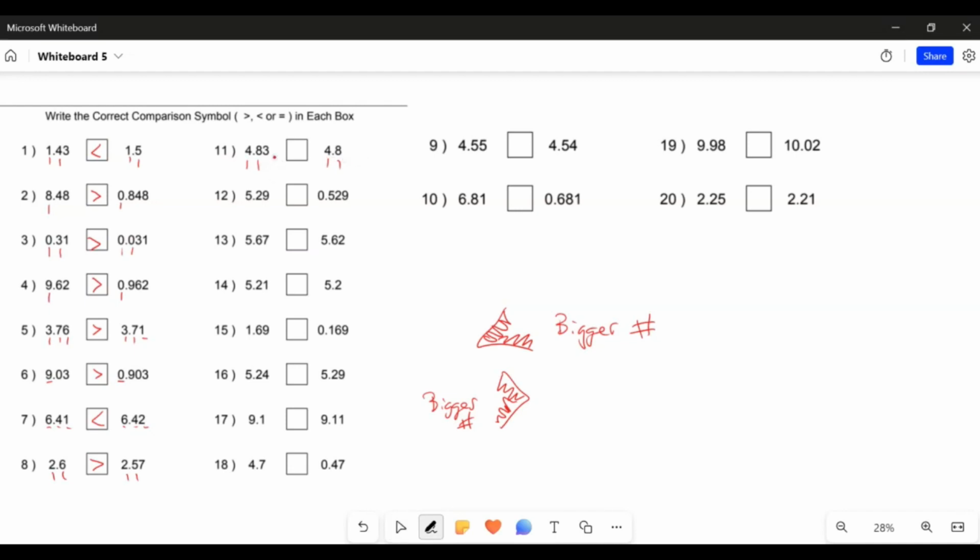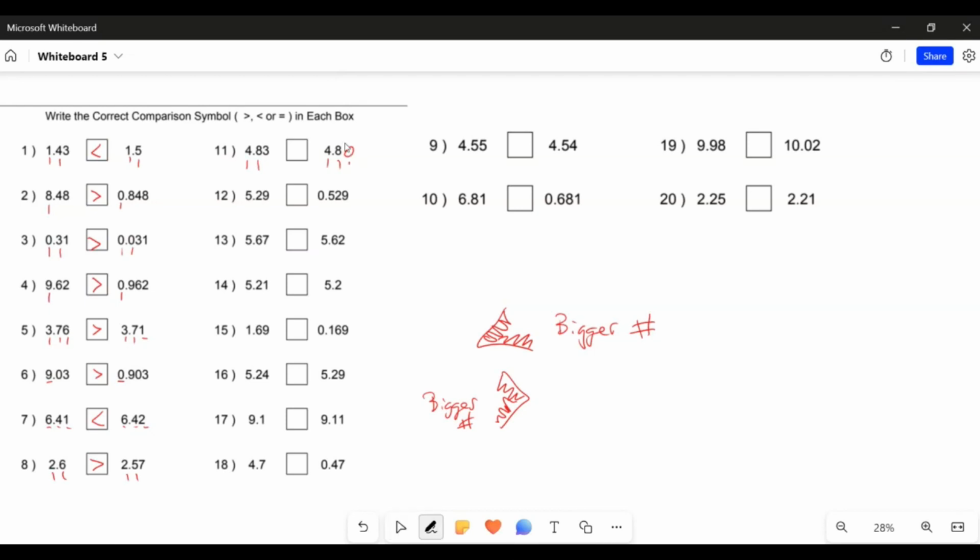Okay, if we run out of decimal places, then we need to add a decimal place. So I can add a 0 to the end of that number and it doesn't change the value of the number. You can always add zeros at the end of a decimal number and it doesn't change the value.